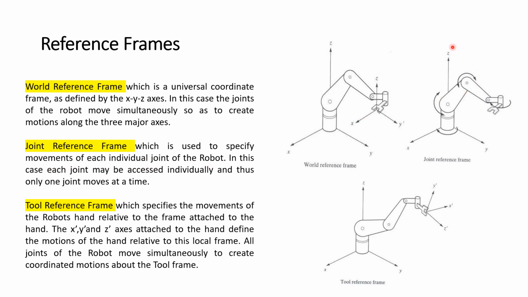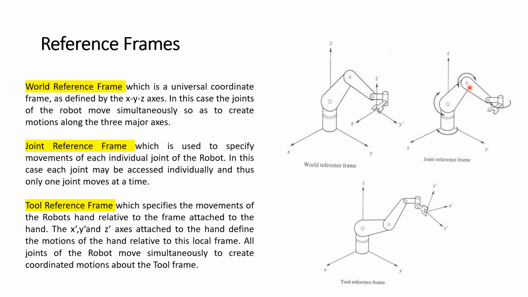Now in this picture, concentrate. Here we have a joint, here we have a joint, then these are the joints. So when I want to specify the motions at the joints, then this joint reference frame is used.